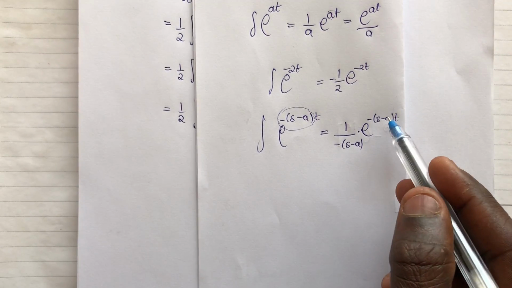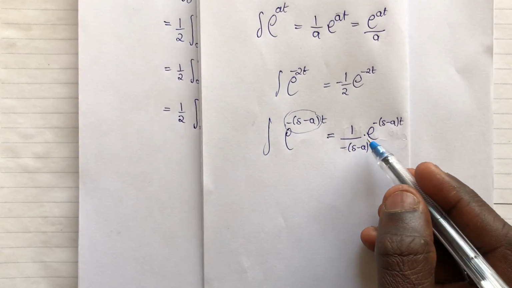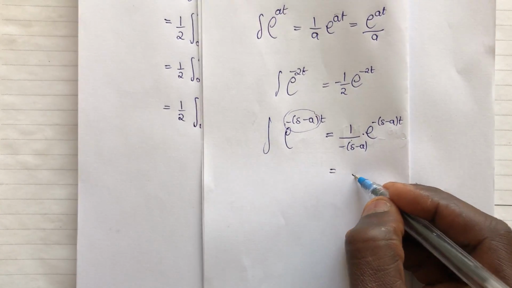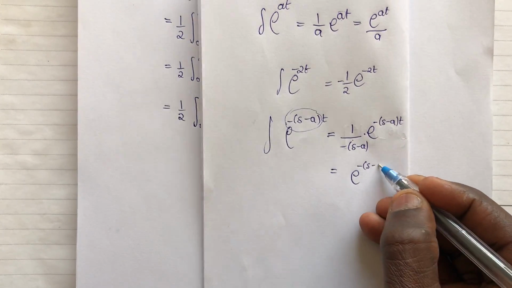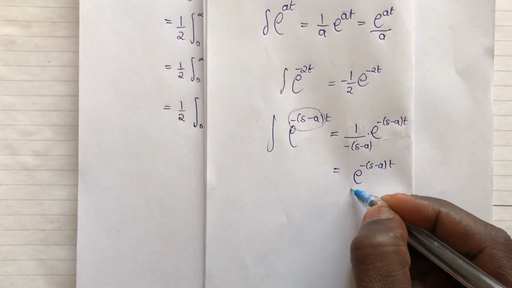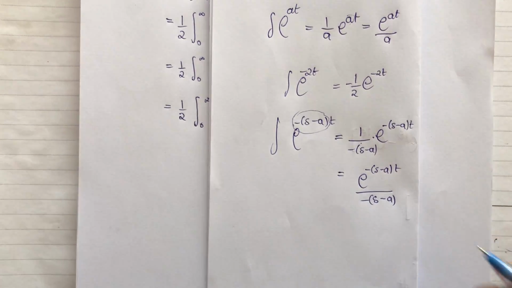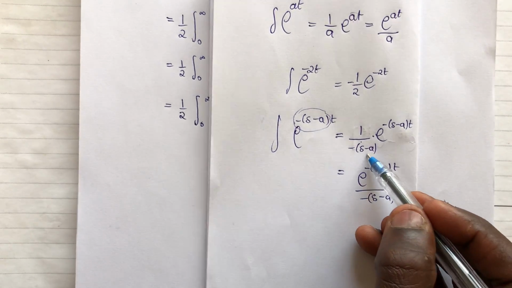Okay, you raise it to the same exponent. Remember that I'm just using 1. I can also rewrite this as e to the power minus s minus a times t, divided by negative s minus a. Okay, so I prefer using this one.